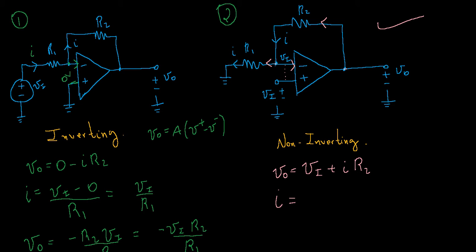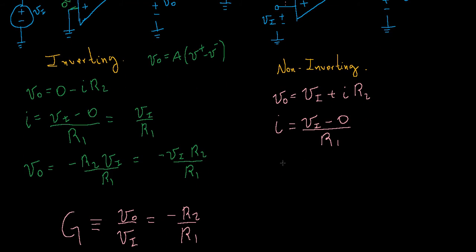The current is going from here to there, so that's VI here, and 0 volts here. So the current is simply equal to VI minus 0 divided by R1, and so I is simply equal to VI divided by R1.